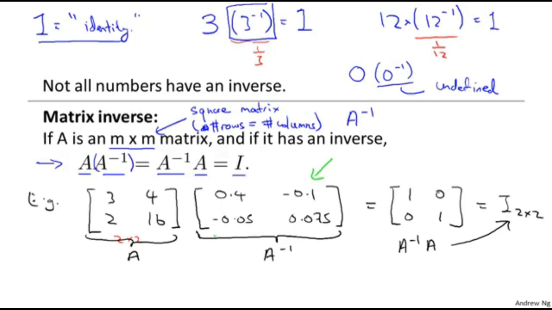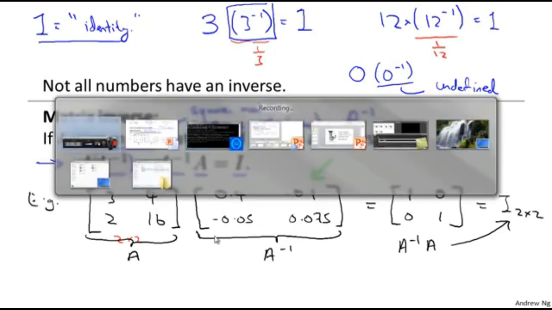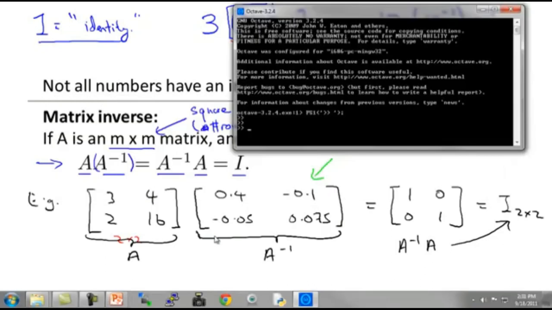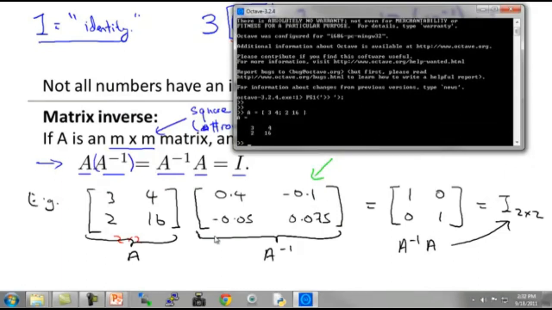What I did was I used software called Octave. So let me bring that up. We'll see a lot more about Octave later, but let me just quickly show you an example. I'm going to set my matrix A to be equal to that matrix on the left. So I'm going to type 3, 4, 2, 16. So that's my matrix A, right? It's this matrix 3, 4, 2, 16 that I have down here on the left.